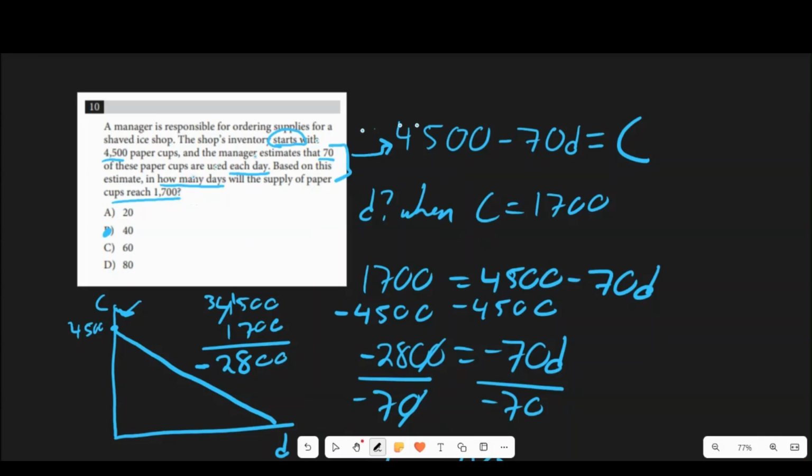Then you have enough information to create a general equation or representation of the situation. When they ask how many days, you know that you just need to plug in 1,700 for the total number of cups and solve for D. The more you practice, the better you'll get at this.